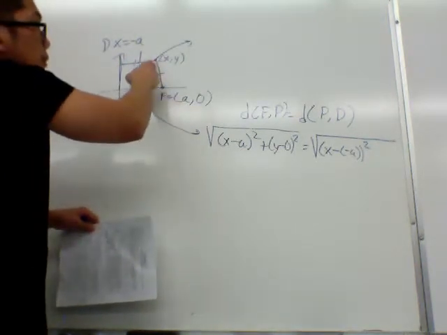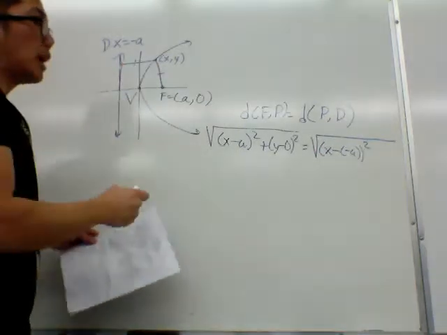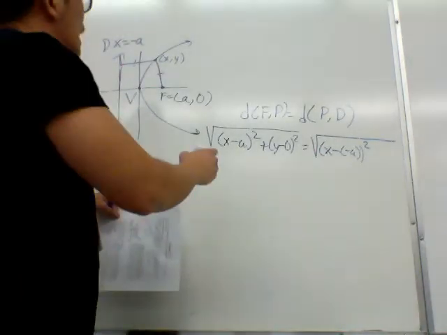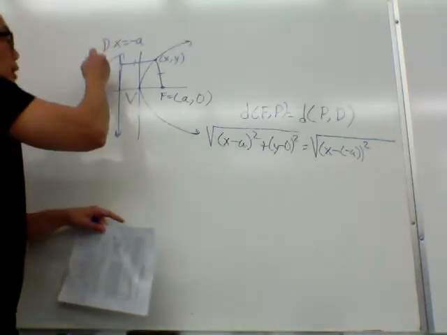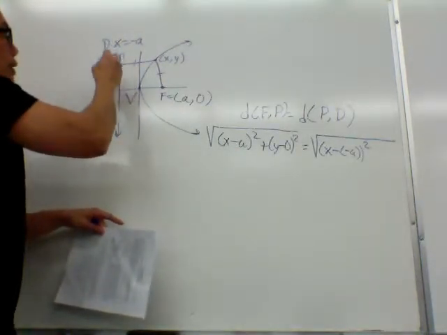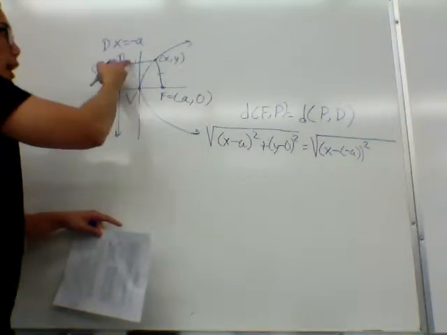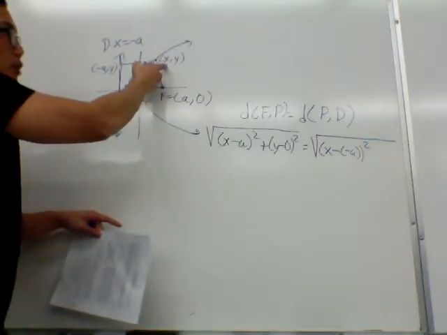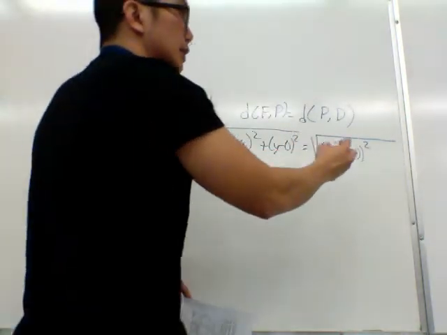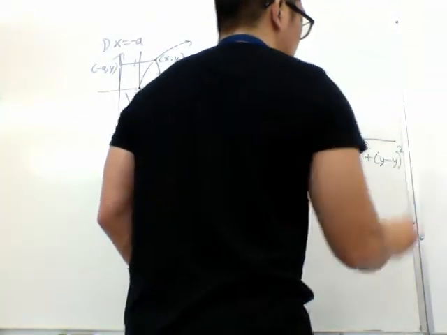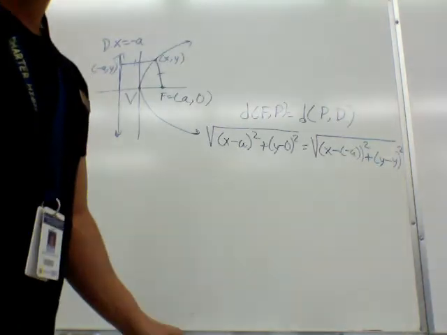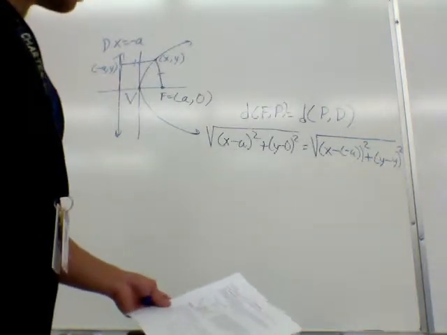So the distance from this point to this point is x minus negative a. And this point here is really (negative a, y), right? It's on the same y value as your point. So your second term here will be (y minus y) squared. Okay? That's the distance formula.